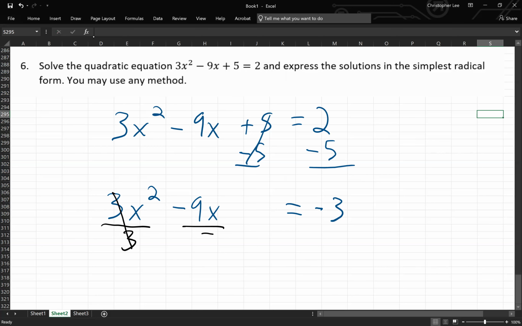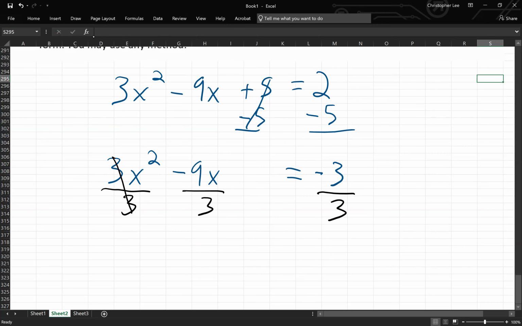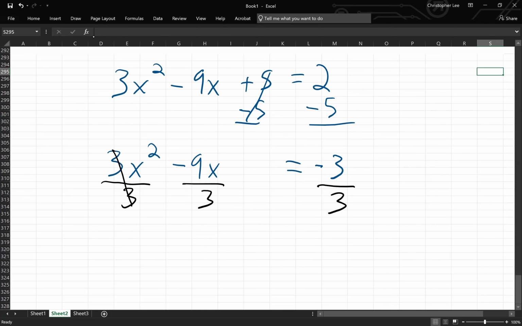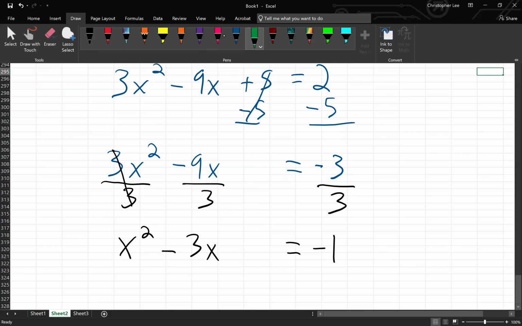But not just that, everybody gets divided by 3. So now what do I have? X squared minus 3x equals -1. Fire, right? Just divide it, because I need the A term to be 1.